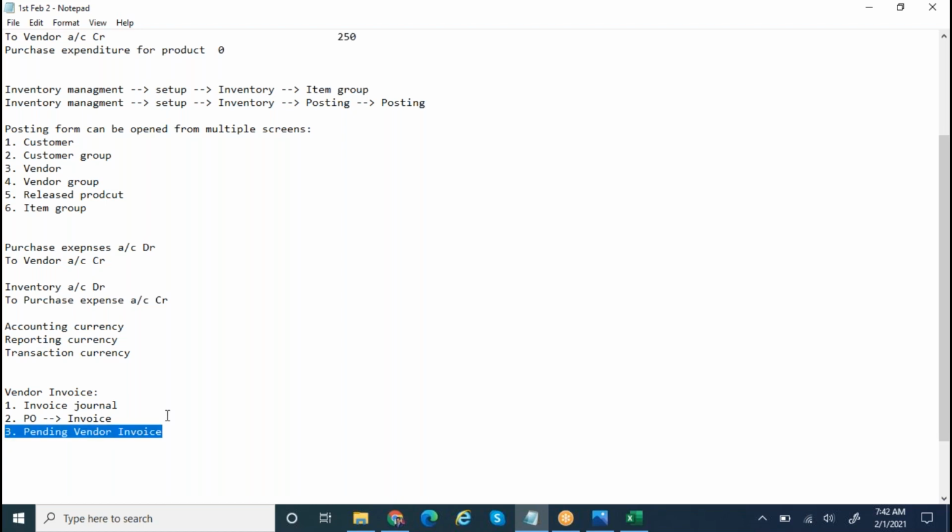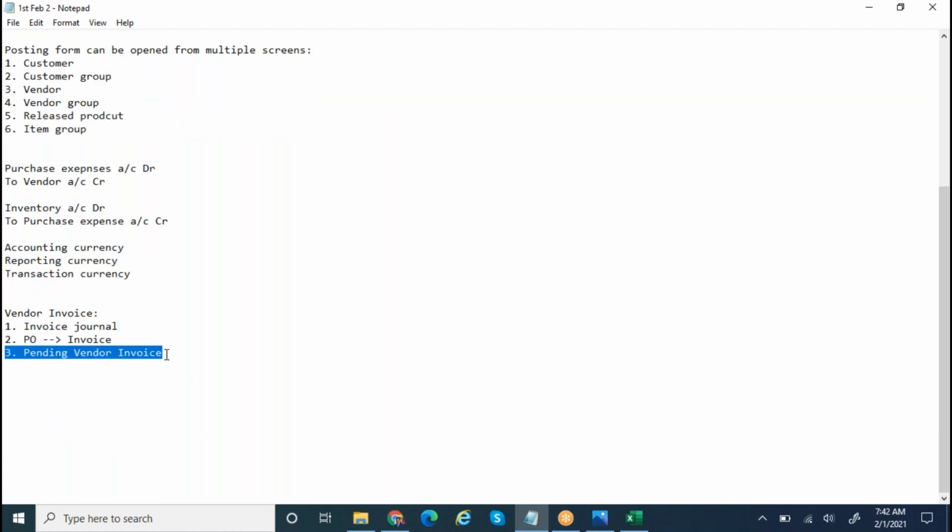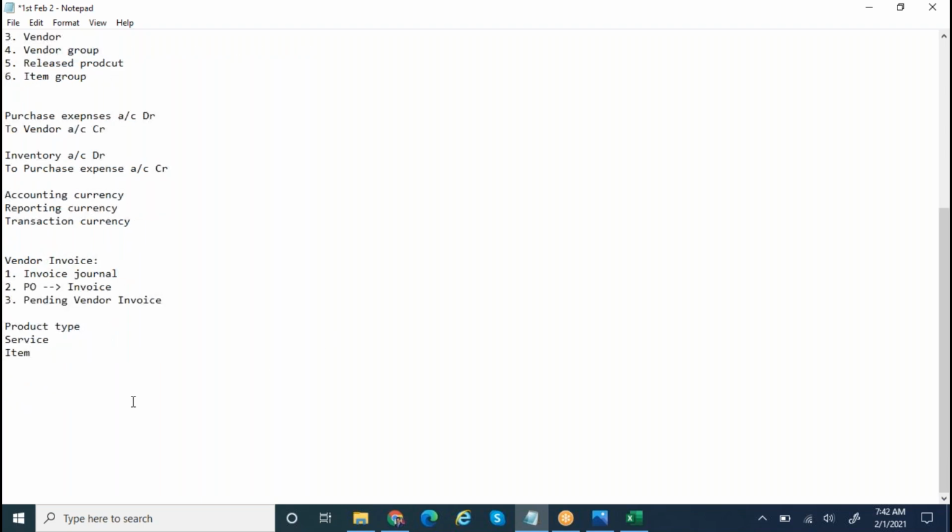To understand this third form, we need to understand item type, that means product type: item and service.